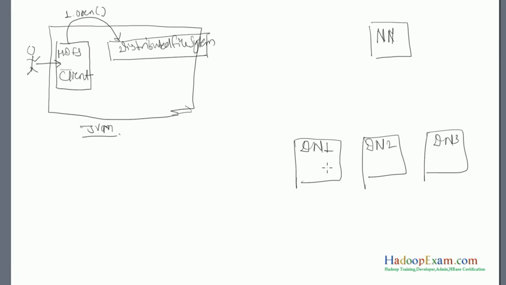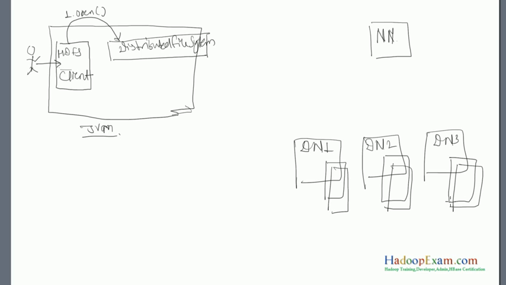These 3 data nodes are holding all the blocks which make your complete file. Each node has 2 blocks.